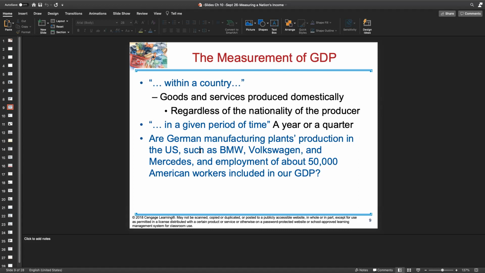Or a German manufacturing plant producing in the US, such as BMW, Volkswagen, and Mercedes. They usually employ about 50,000 American workers, and that should be included in our GDP, right?